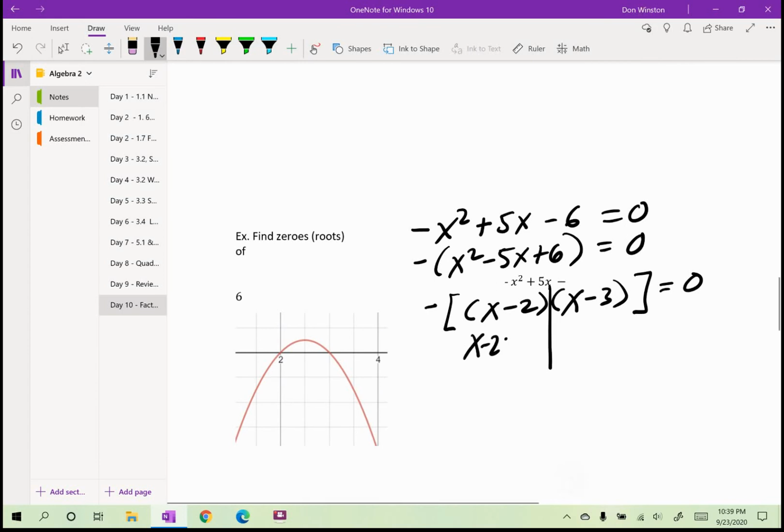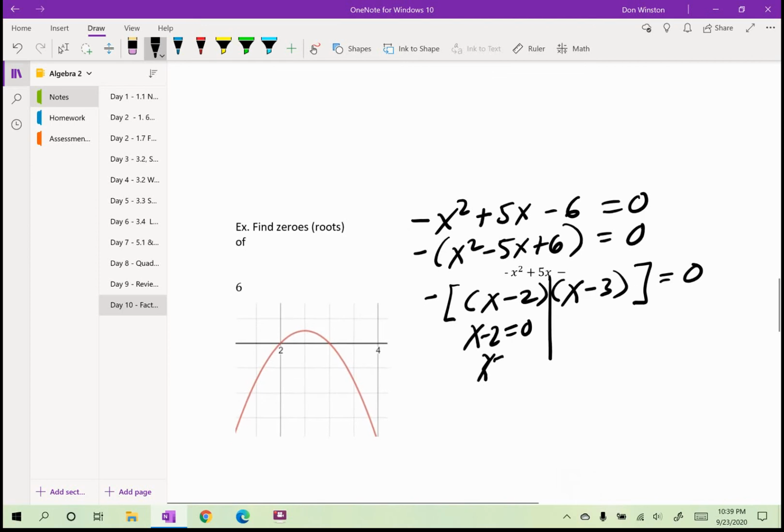So x minus 2 equals 0, x equals 2. And then x minus 3 equals 0, x equals 3. I found the zeros. If you look at that graph of that parabola, that quadratic function, you'll see that the zeros do cross at 2 and 3. It crosses the x-axis there.